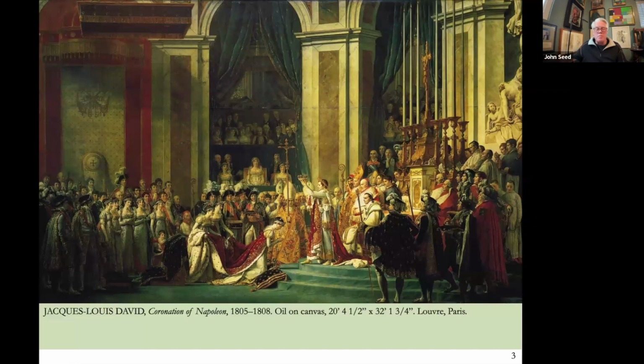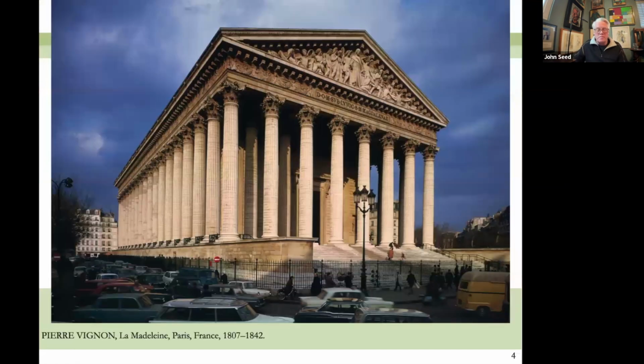He showed Napoleon crowning Josephine instead of self-appointing himself. And he also put Napoleon's mother there. She is in the archway at the very bottom, the central figure. And she did not attend this event because she didn't think it was a good idea for her son to crown himself. But there it is in a crisply drawn neoclassical style, a great history painting with a couple small falsehoods. And it shows how painting was adapting to the empire period.